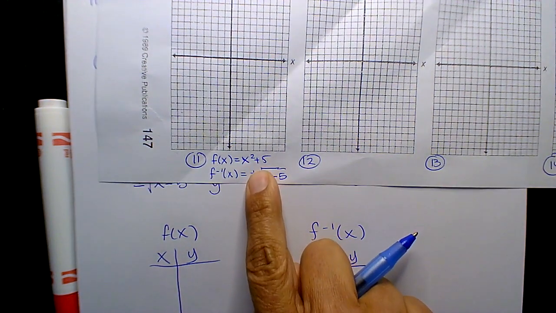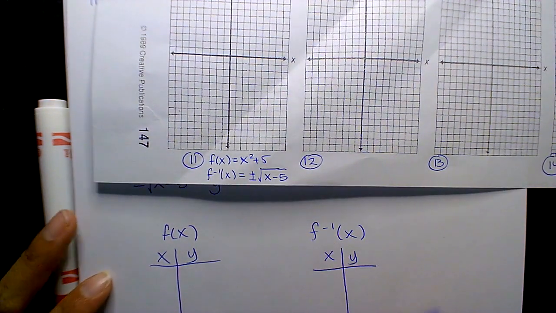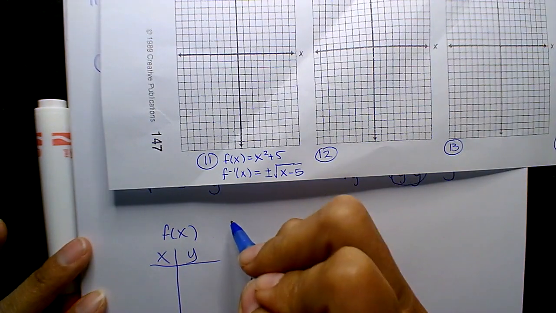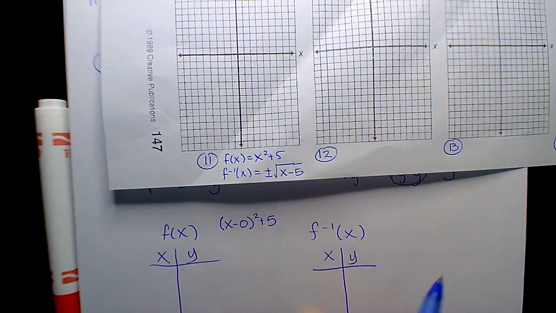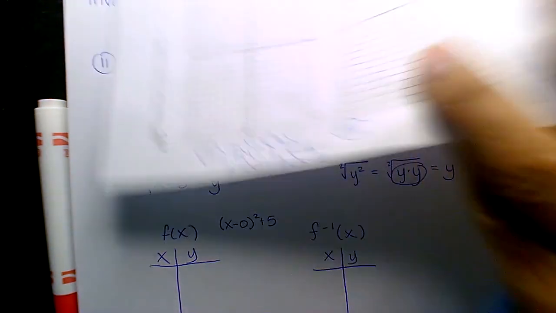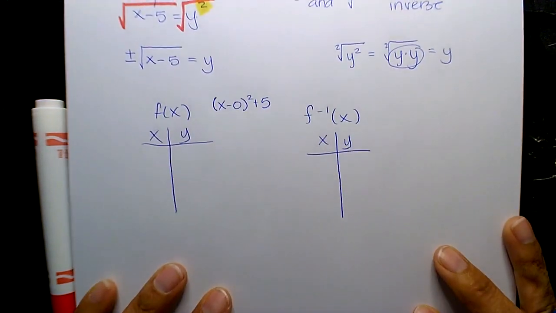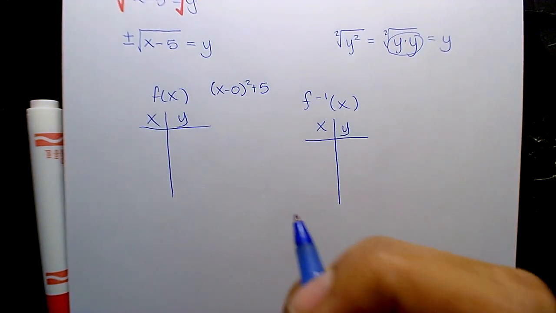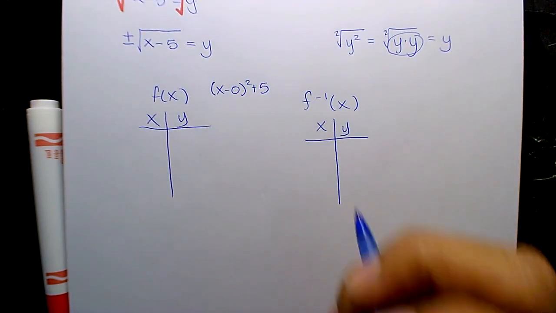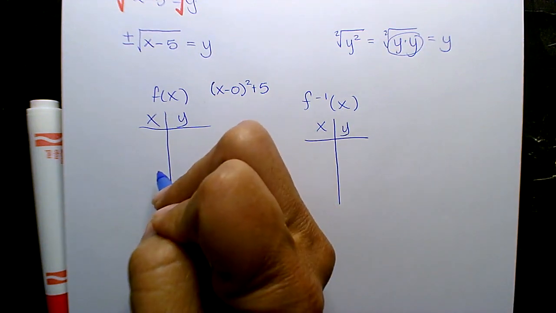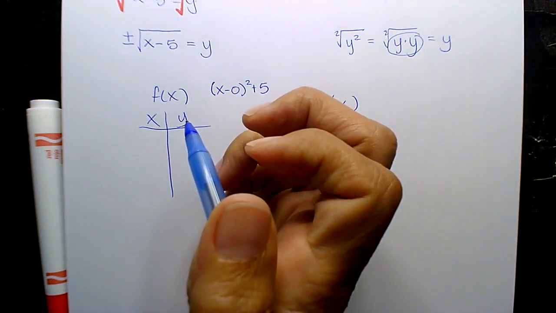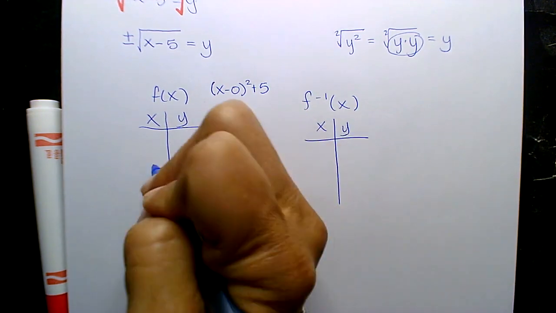Okay, so I have x squared plus 5, which is the same thing as x minus 0 squared plus 5, right? So what's my h, k? What's my h? Opposite h, follow k. 0, 5.